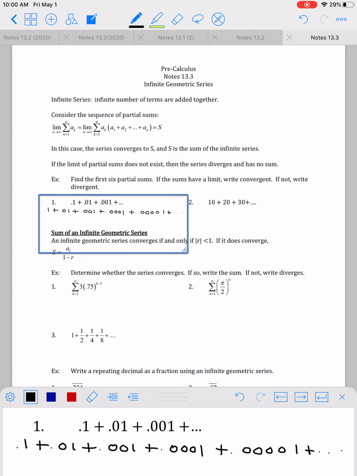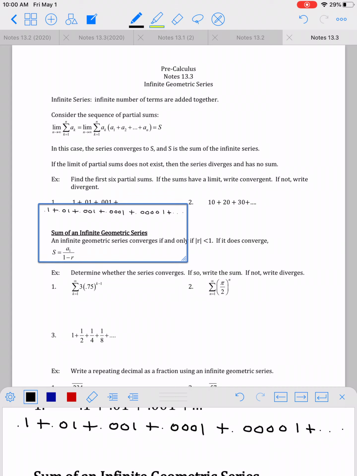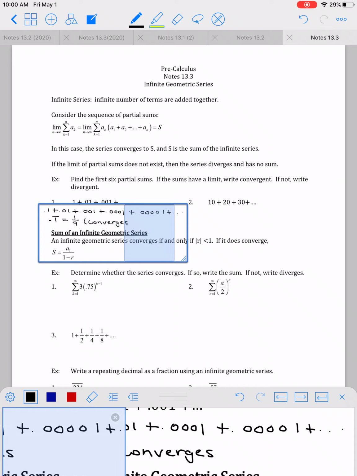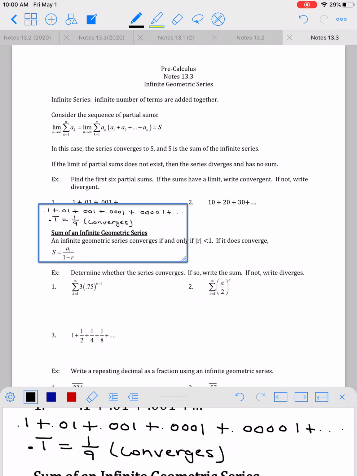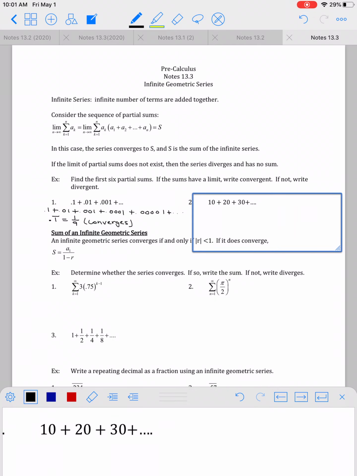What this creates is the equivalent of 0.1 repeating. So it's a series of ones, and 0.1 repeating is the fraction 1/9. Because we got an actual number there, this series would converge. Now look at this one, 10, 20, 30.